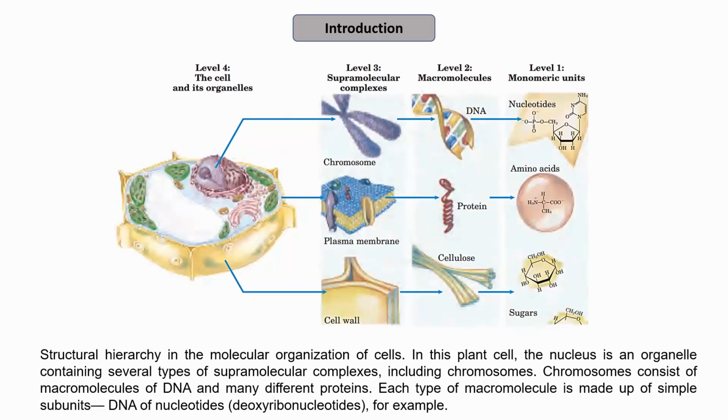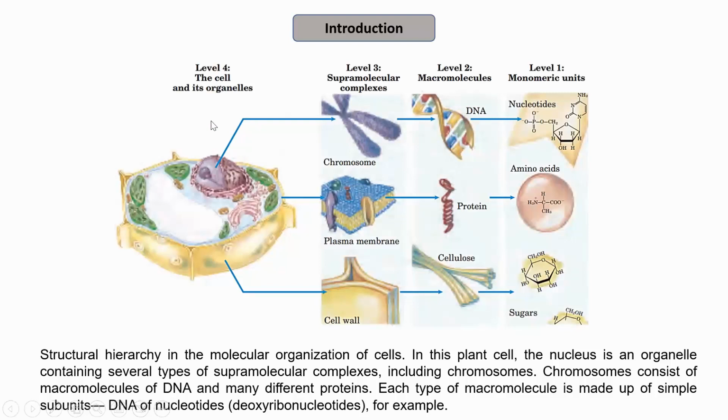So DNA is a polymeric chain of nucleotides. Similarly, proteins are composed of many different amino acids, so a chain of amino acids leads to the formation of a protein. And cellulose is made up of many sugar molecules. For carbohydrates, there are many sugar molecules like glucose. These form the monomeric units at level 1.